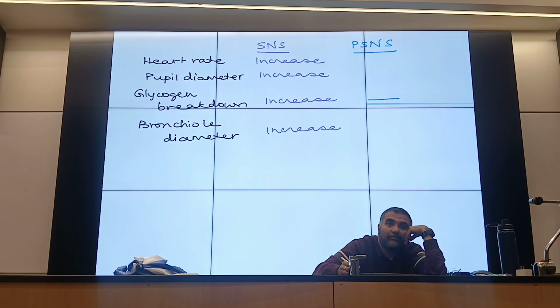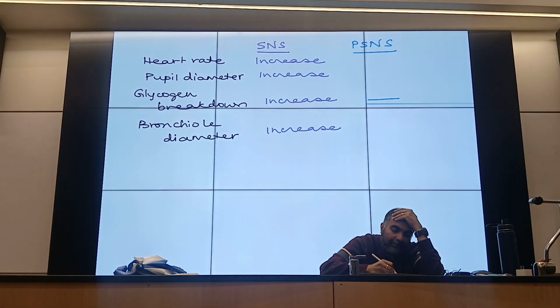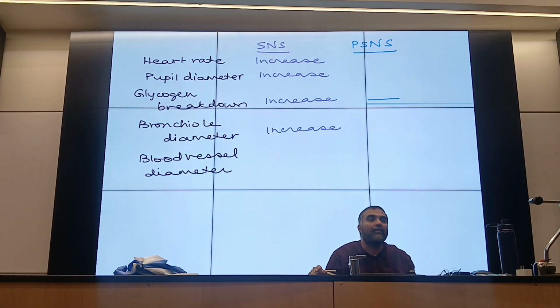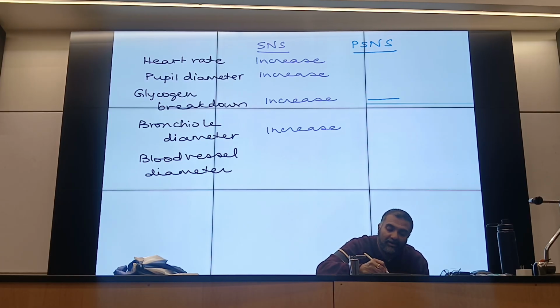Blood vessel. Now this one's interesting. This one's complicated, but I'll go over this in more detail when we do the cardiovascular system, because some vessels actually dilate in response to epinephrine, and the majority of them do constrict, so decrease. You vasoconstrict.